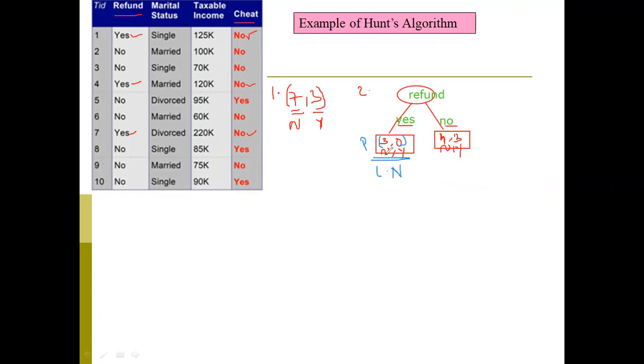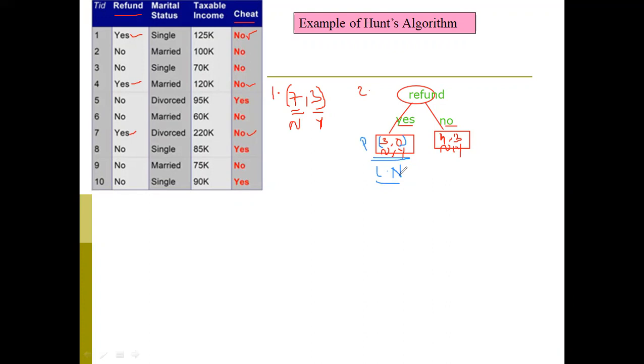Which nodes are the pure nodes? Those nodes are the external nodes or leaf nodes. Here we are not going to divide further. Whenever we get a pure node, that node should be represented with a leaf node. This is the final class label: no is the final class label under refund yes.